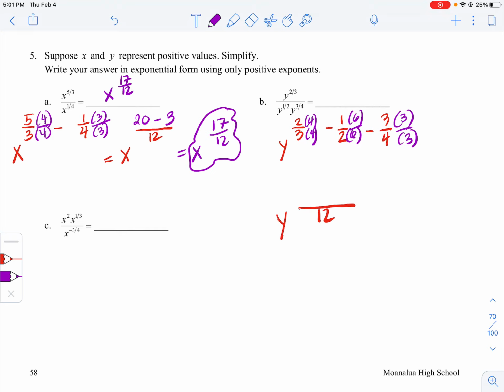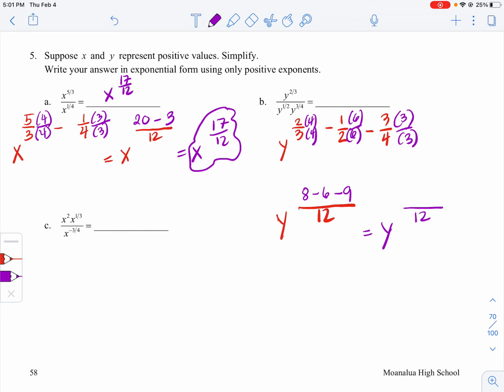There you go. So 2 times 4 is going to be 8, minus 1 times 6 is 6, minus 3 times 3 is 9, equals y to the power of over 12. So what is 8 minus 6 minus 9? That is a negative 7.